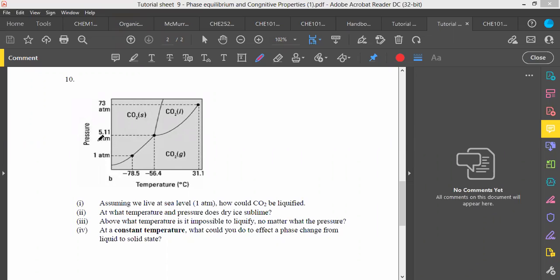Okay, melting point and boiling point will always be quoted at 1 atmosphere.